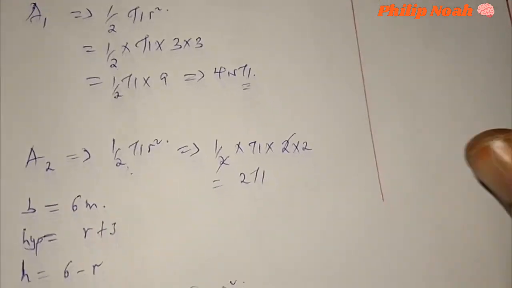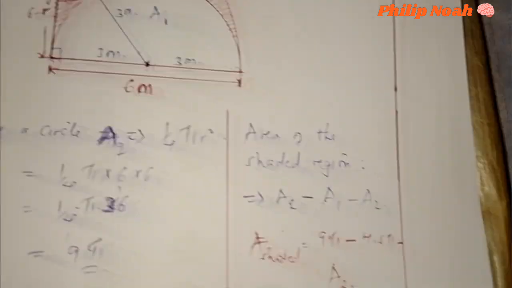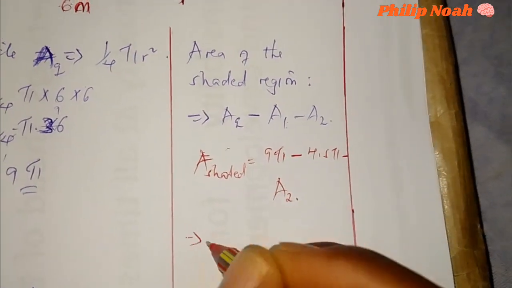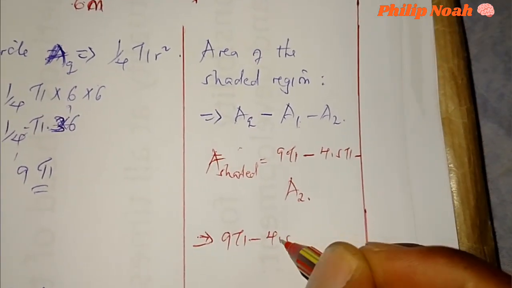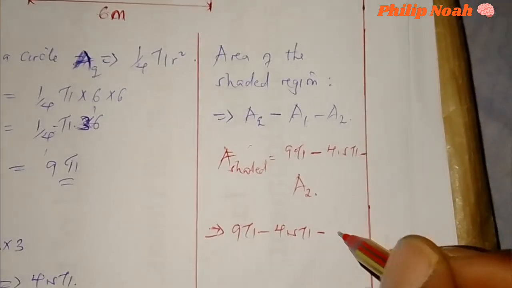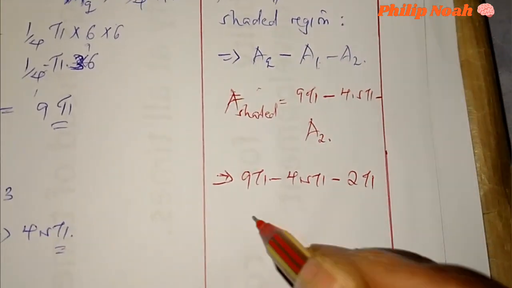So the area for the shaded region is 9 pi minus 4.5 pi minus the area of this one, 2 pi. Okay, hope you understand.